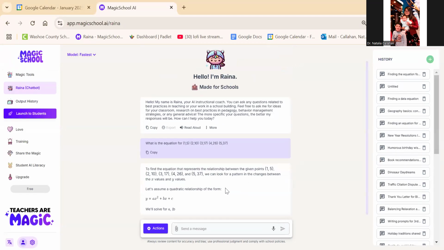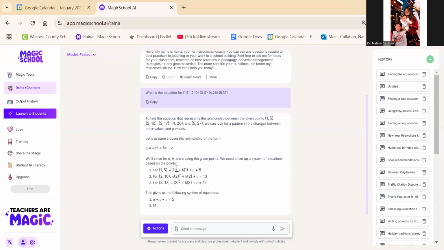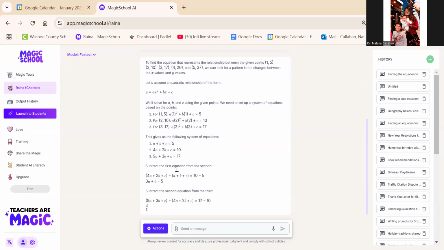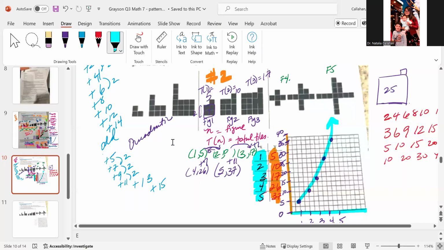Okay. So if you look at this right here, do you see how your equation is y equals ax squared plus bx plus c? What I recommend is that when you write this over here, you write your equation is ax squared plus bx plus c.